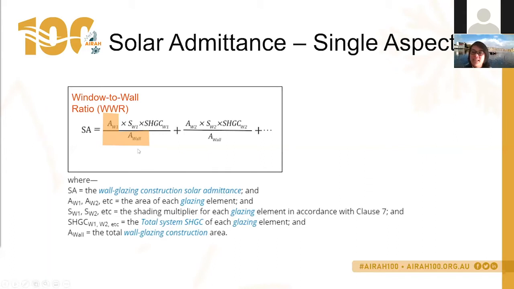With the shading coefficient, there are tables in the code, part J1, that tell you for a given projection, so how far it projects away from your actual window, and then depending on the height of it, what the actual coefficients you would use are.